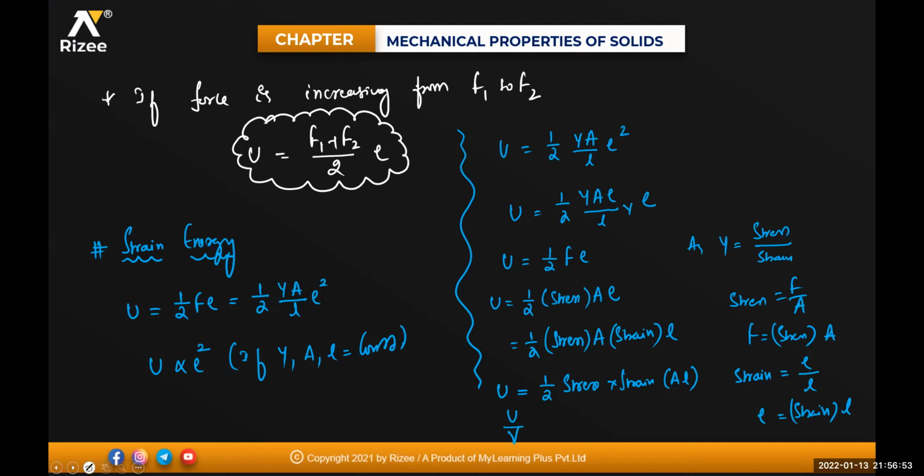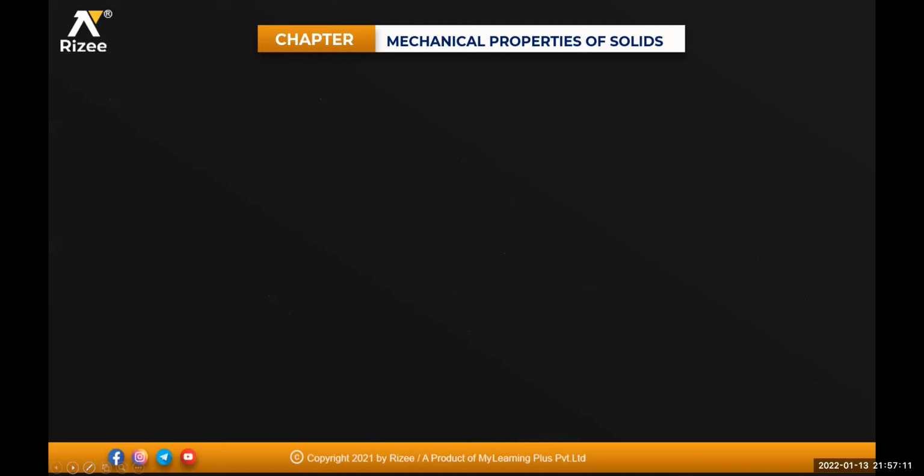I'll write in the next page. A into L is equal to volume, that is equal to V. So I can write here, energy U is also equal to half into stress into strain into volume.